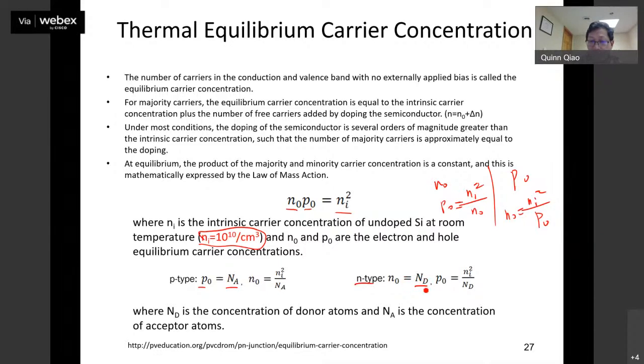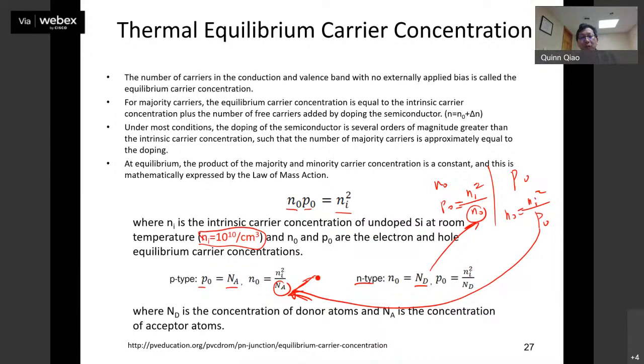The dopant phosphorus concentration is Nd. Then you can replace n0 by Nd, and replace p0 by Na. That's what you see there.